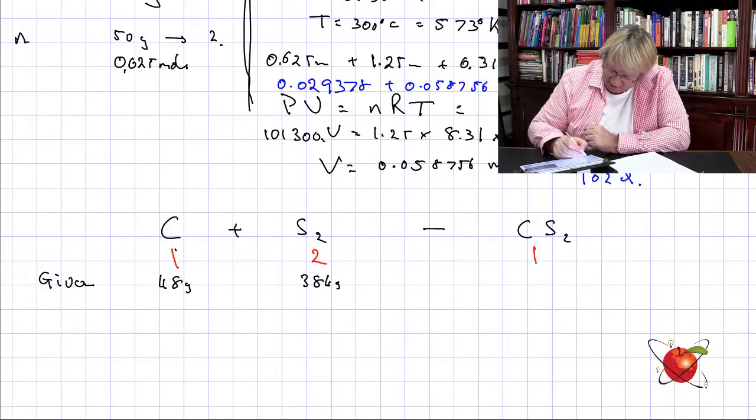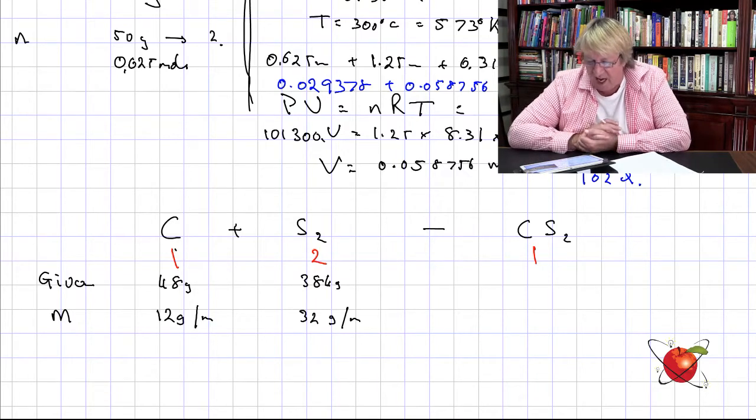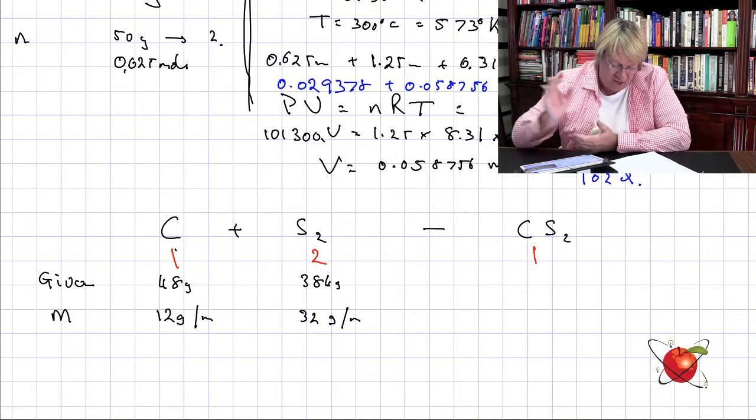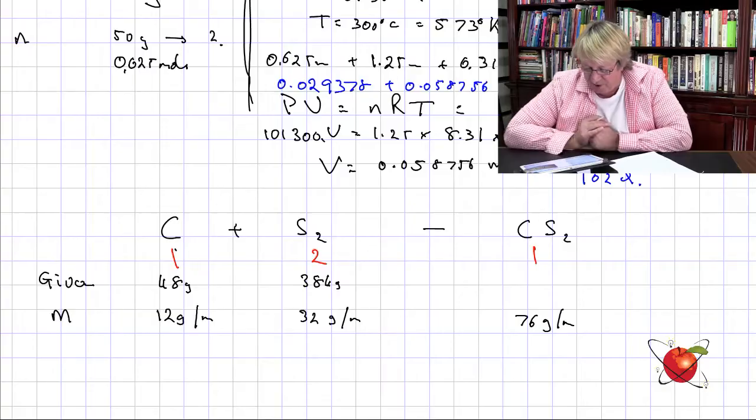That's the key. So what do we say? All right, molar mass, as usual, is going to be 12 grams per mole, and over here is going to be 32 grams per mole. And the other one is 76 grams per mole. So 32 grams per mole is our sulfur.